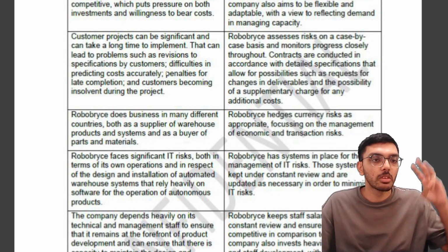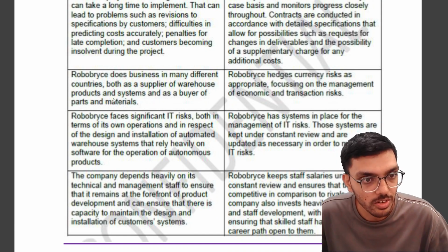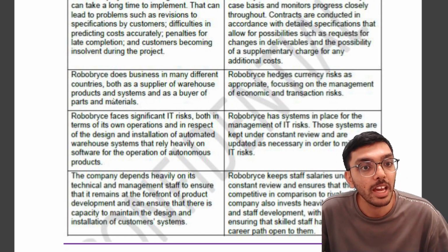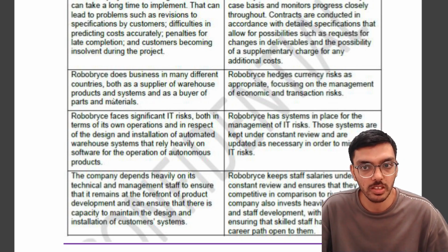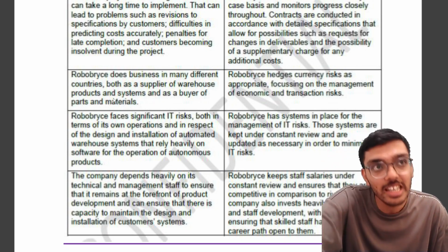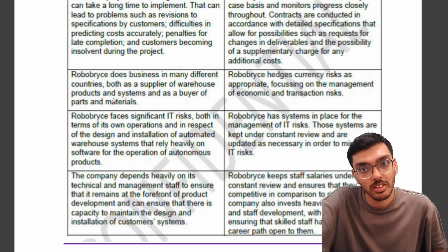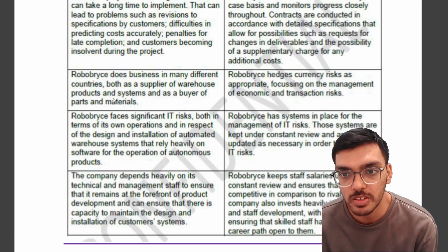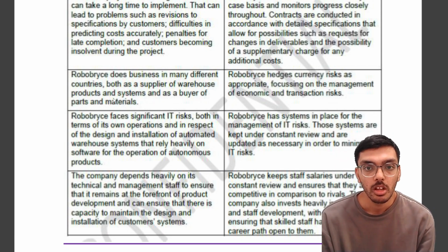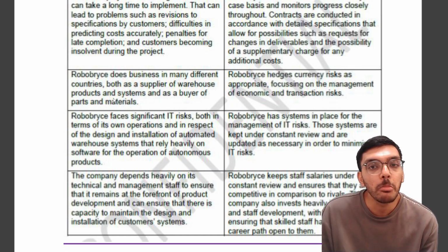Fine. Third risk, Robobryce does business in many different countries, both as supplier of warehouse products and systems and as a buyer of parts and materials. Very clear currency risk topic, a currency risk question can come up over here. That's what they have pointed out as well. We hedge currency risks as appropriate. So currency risk management from F3 becomes ever more important.